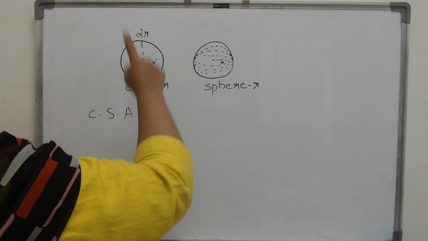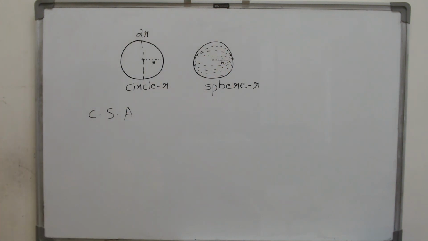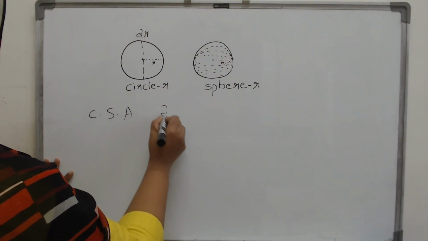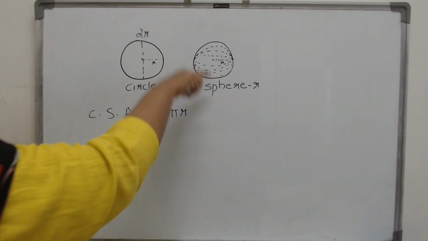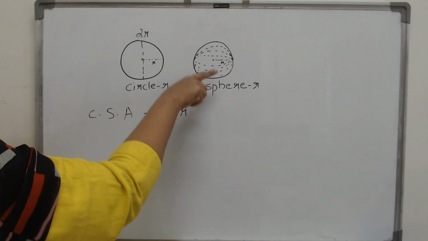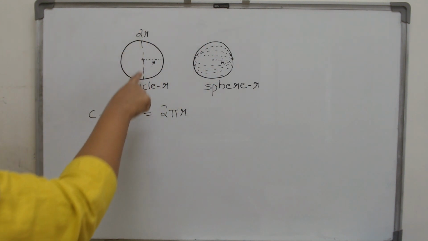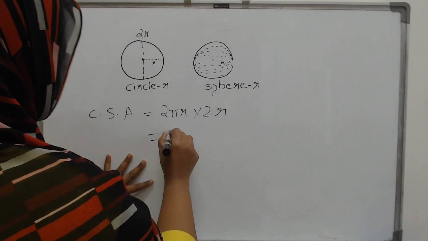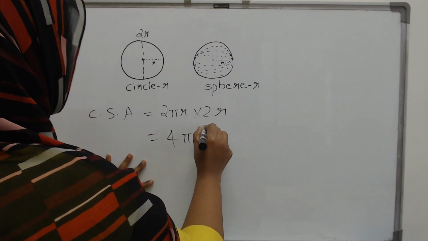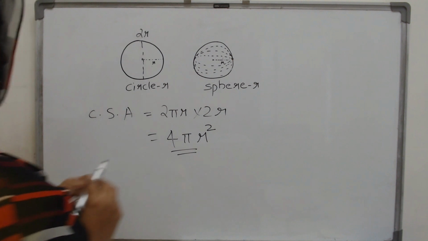This is the circumference, right? And what is the circumference of a circle with radius r? It is 2 pi r. But then, how many such circles do you see here? What is the height? We said the height is 2r, right? Then do 2r, there is your answer. This is the curved surface area of a sphere.